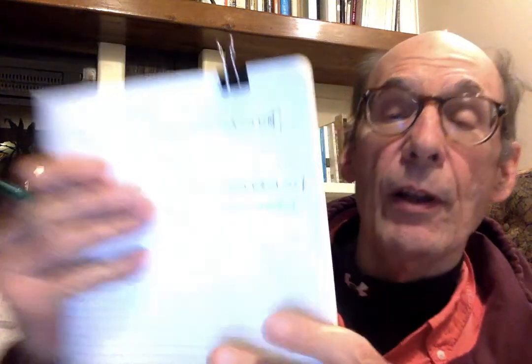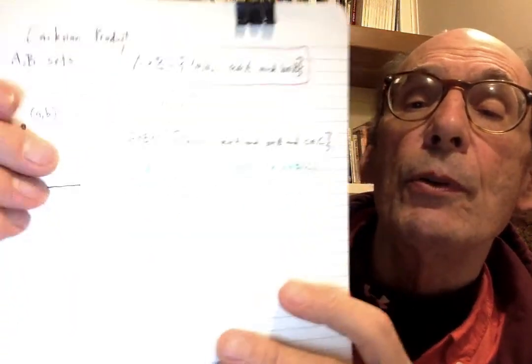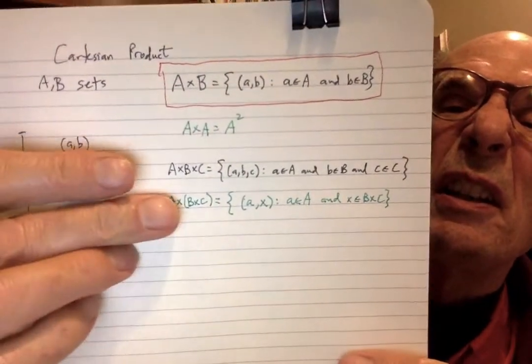So this looks like the first pass is to say this is a set of pairs (a, x), where little a is in A, and x is in B cross C. That is not very satisfying. It is very difficult to prove or compute with this kind of definition.